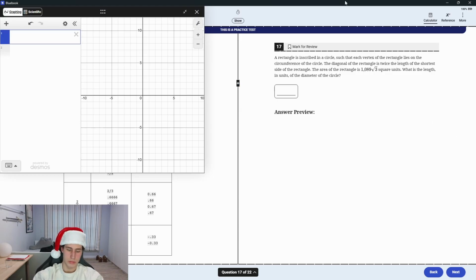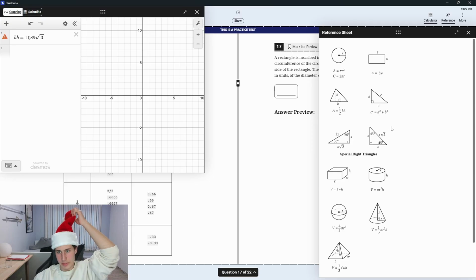So we know that it's base times height for the area of a rectangle, which is equal to 1089 square root 3. Okay, now if this doesn't ring any bells, that's fine.